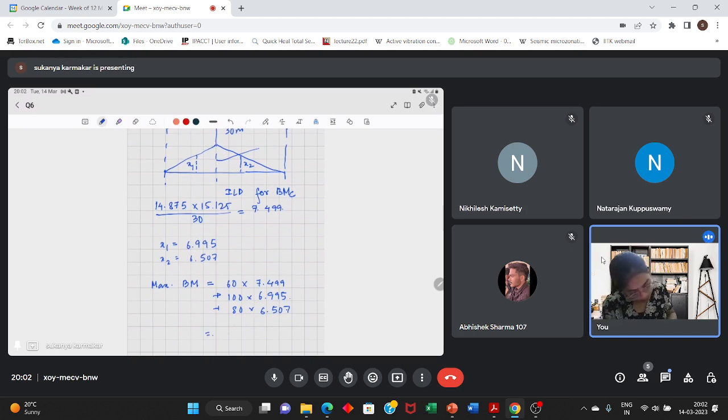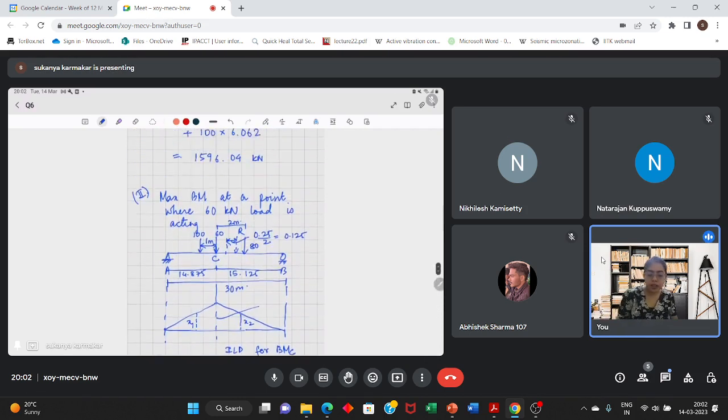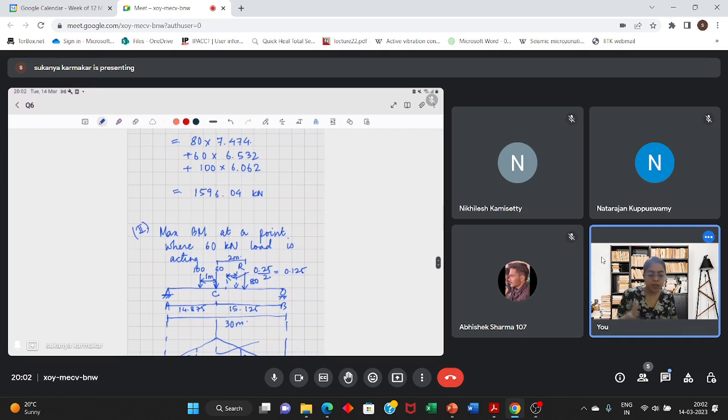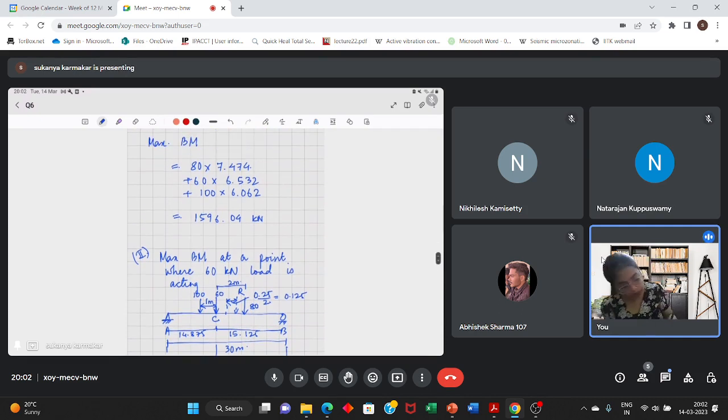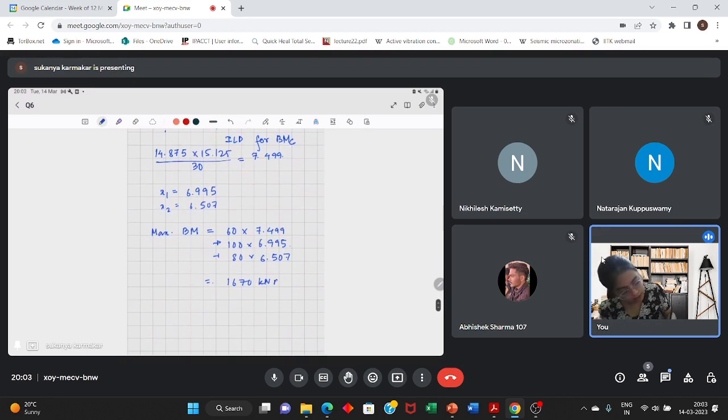This is equal to 1670 kilonewton meter. So, in the earlier case, you got around 1596 kilonewton meter, and here you got 1670 kilonewton meter. So, the absolute maximum bending moment is in the second case.